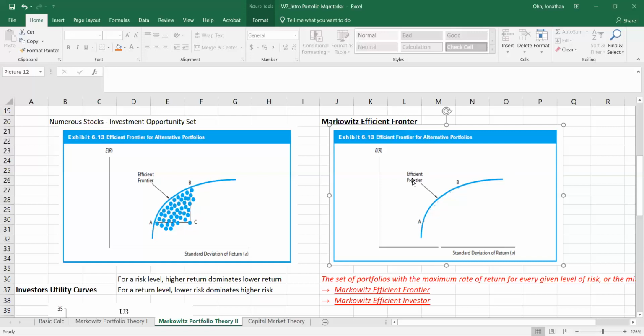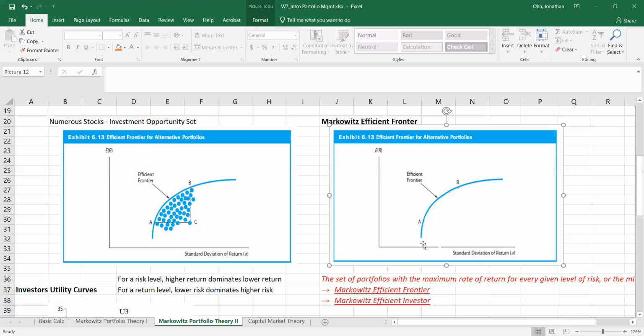The investors are rational and reasonable. So the investors who want to invest in this structure will invest on this efficient frontier. They'll invest along this Markowitz efficient frontier. We call these investors Markowitz efficient investors.